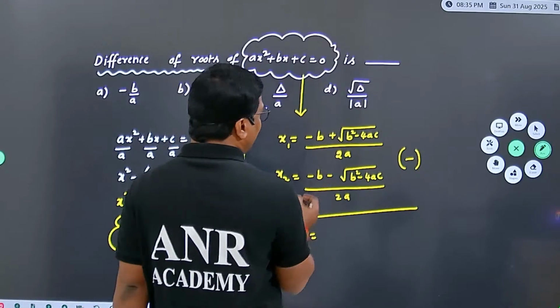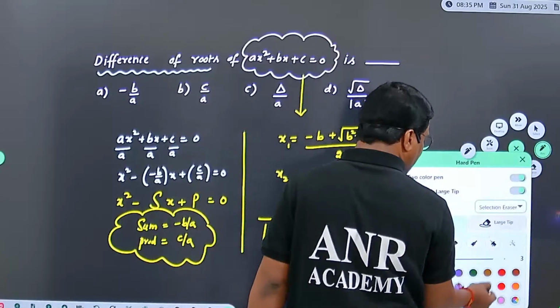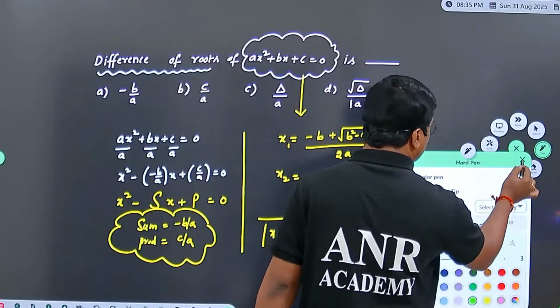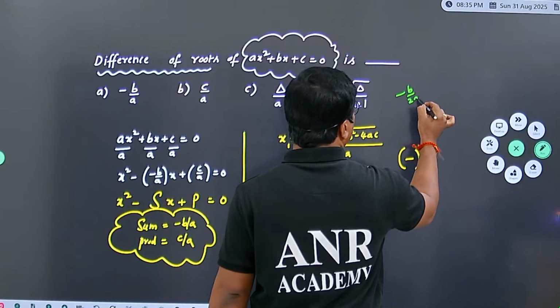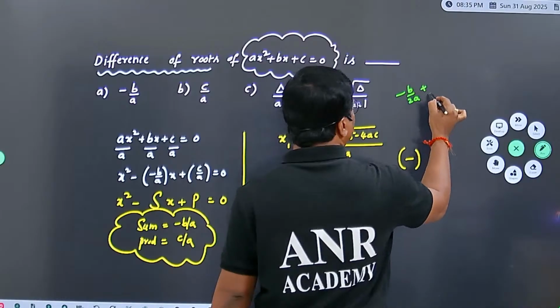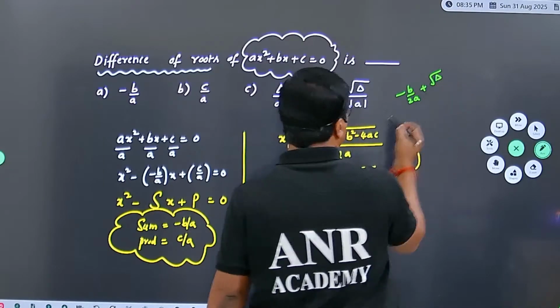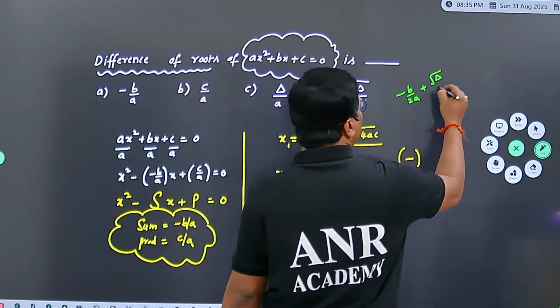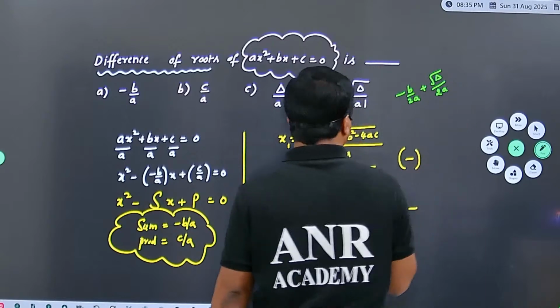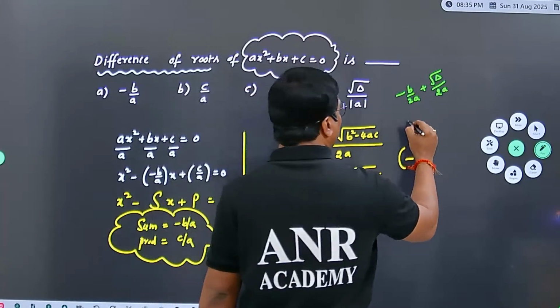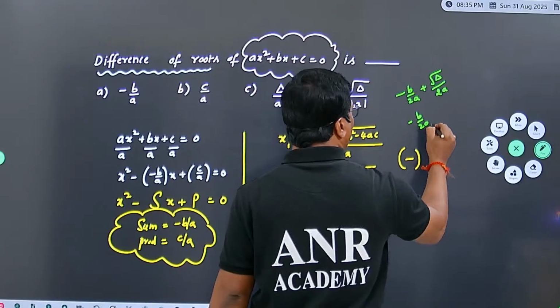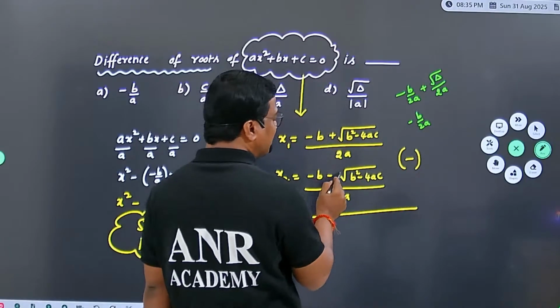Here, these two results in simplest form I can write. One root is minus b by 2a plus root delta, the value b square minus 4ac, divided by 2a. This is one of the roots. And the other root in simplest form: first minus b by 2a, next minus root delta by 2a.